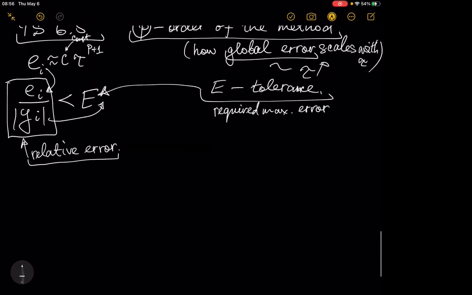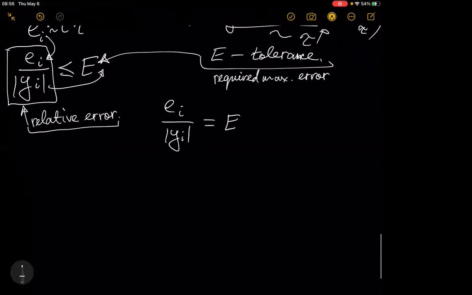So let's say that I satisfy exactly this, so yes, less or equal. So I have chosen the step in such a way that it is the maximum step which still satisfies this less or equal, right?